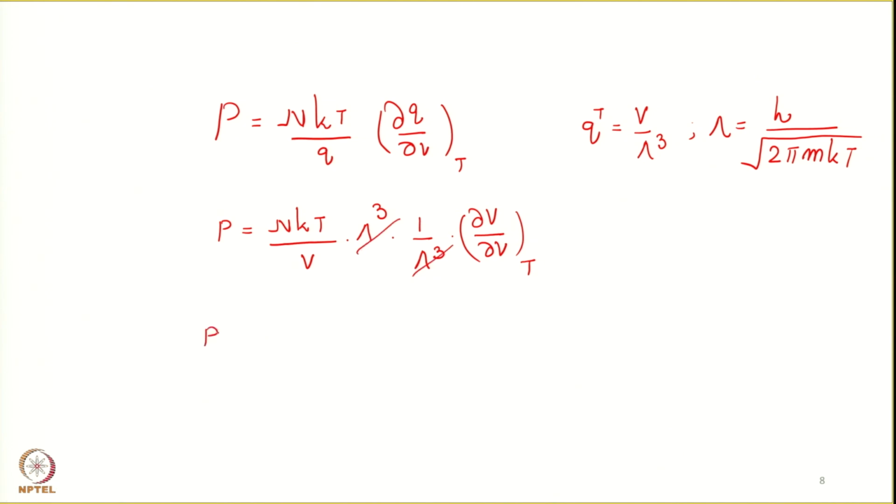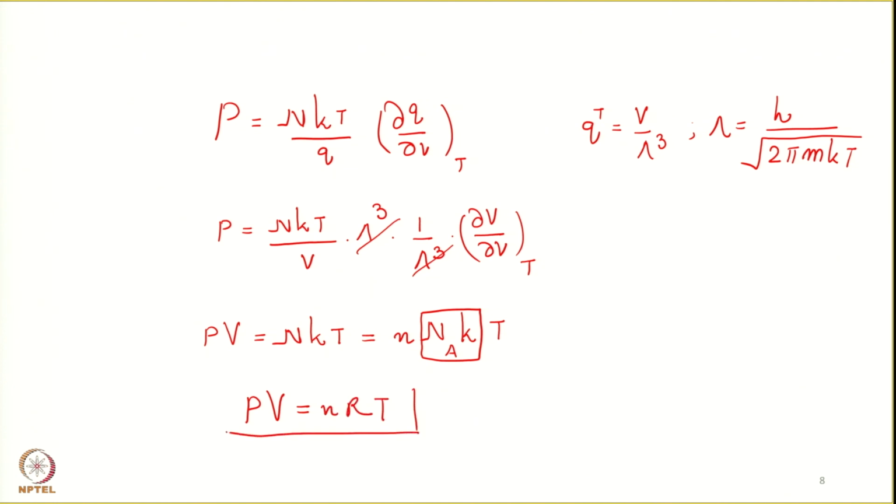So PV is equal to NkT, where N is equal to small n, number of moles, into Avogadro constant, into Boltzmann constant, into temperature. Boltzmann constant into Avogadro constant is the universal gas constant. So therefore PV is equal to nRT.